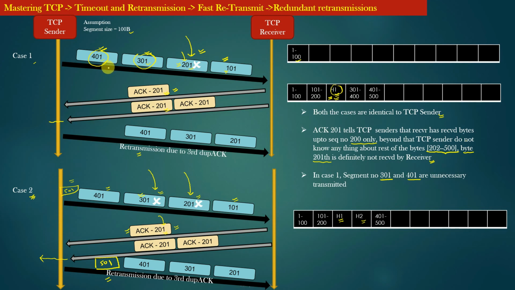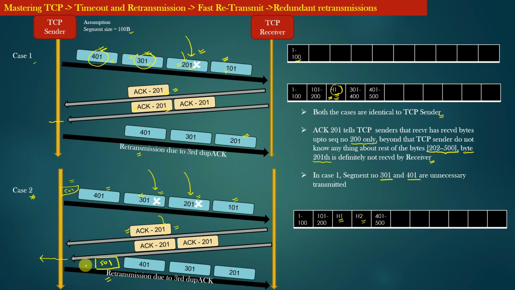But still the TCP sender has to retransmit these two segments again because ACK 201 only tells the TCP sender that bytes up to sequence number 200 have been successfully received by the TCP receiver, and the status of bytes beyond sequence number 202 is not known to the TCP sender. So the TCP sender has to adopt a brute force method and retransmit all the bytes again, beyond and including sequence number 201 and onwards.